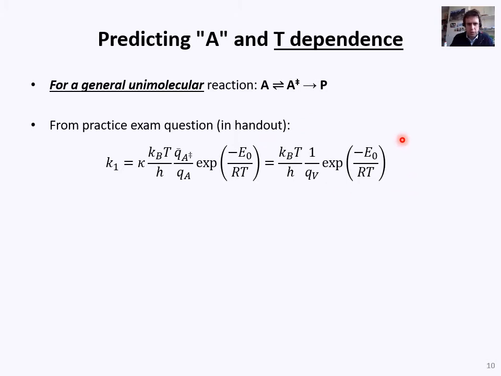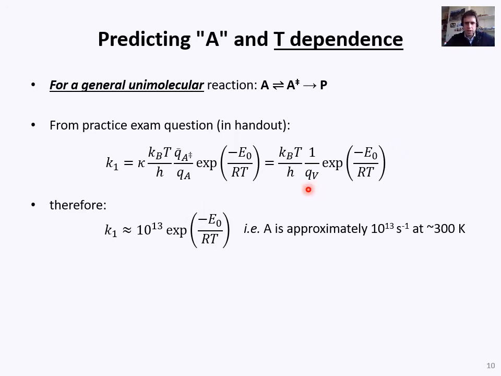So what can we do with that? Well, there's two things we can do with that. First and foremost, we can say this is equal to 1, and then we know what the values of kB and h are, and we know what the value of T is, about 300 K. If we put all those into an equation, we get a value that's roughly 10 to the 13. And so k1 is therefore proportional to 10 to the 13 times the exponential of minus E0 over RT.